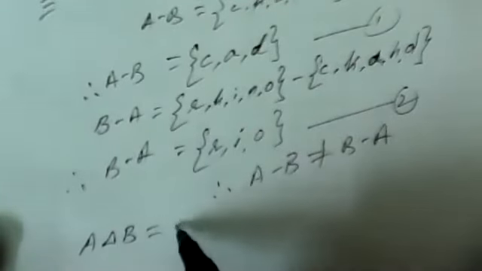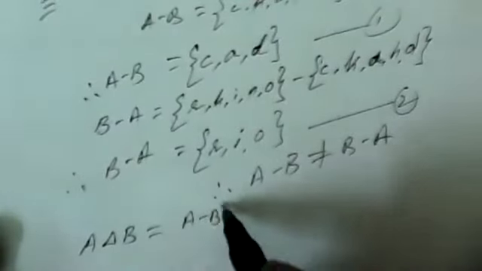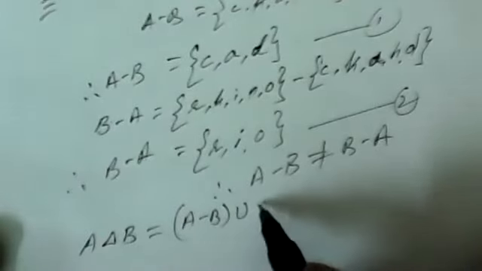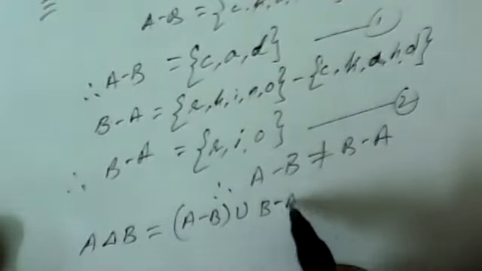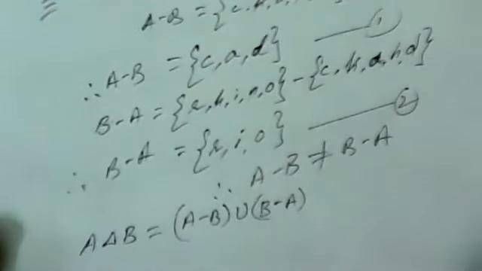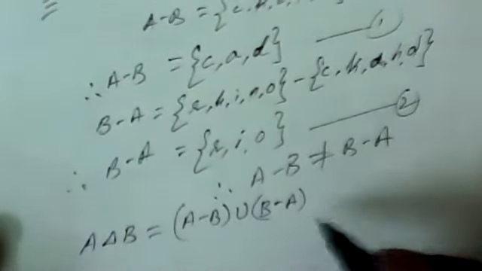A delta B is equal to A minus B union B minus A. Clear or not? So we take A minus B. What is A minus B?